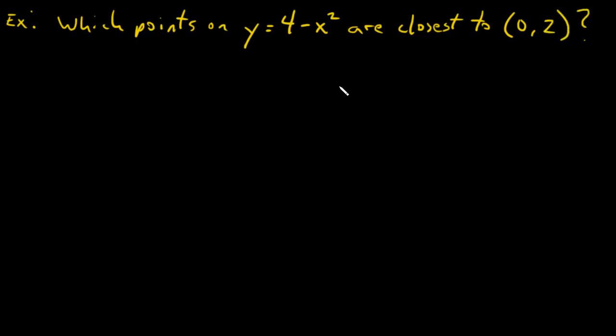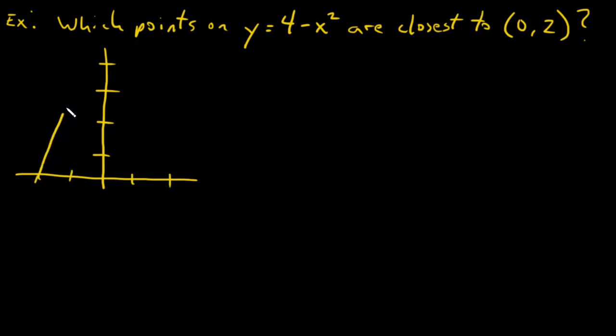So what I have is, if I graph this thing out, it's opening down. Y is 4, so that's going to be 1, 2, 3, 4, and then 1, 2, 1, 2.